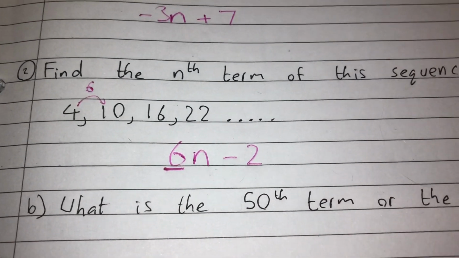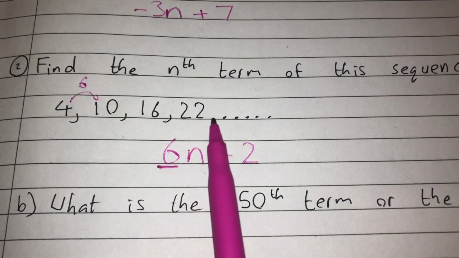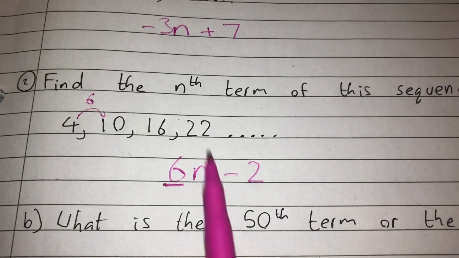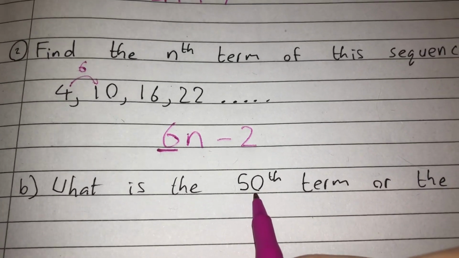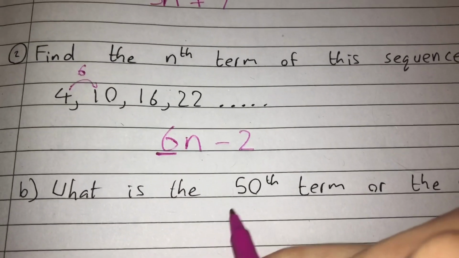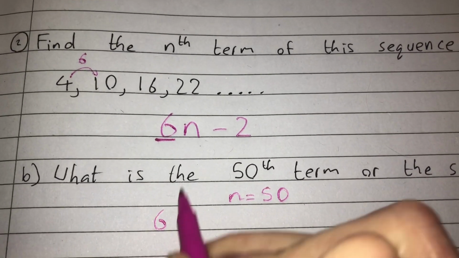Now, this example shows us what the purpose of this would be. If I was asked the 50th term of this sequence, again, it would be quite tricky, quite awkward to continue this on another 46 times. So what I would do is I substitute, remember n represents the term of the sequence, so if I want to find the 50th term, well, n would equal 50, and I then substitute it into our formula.